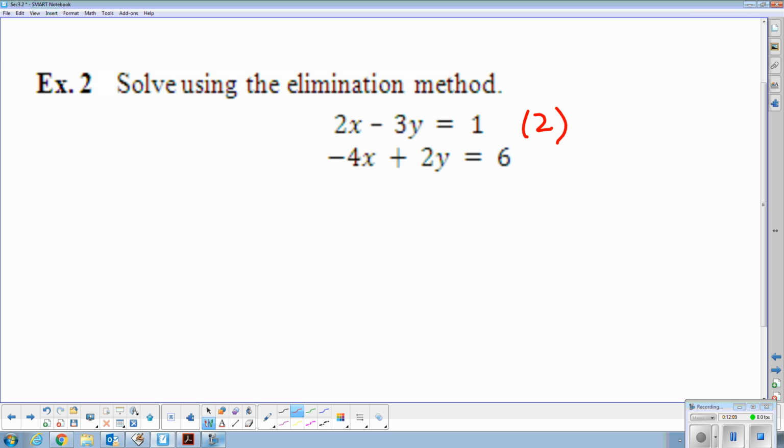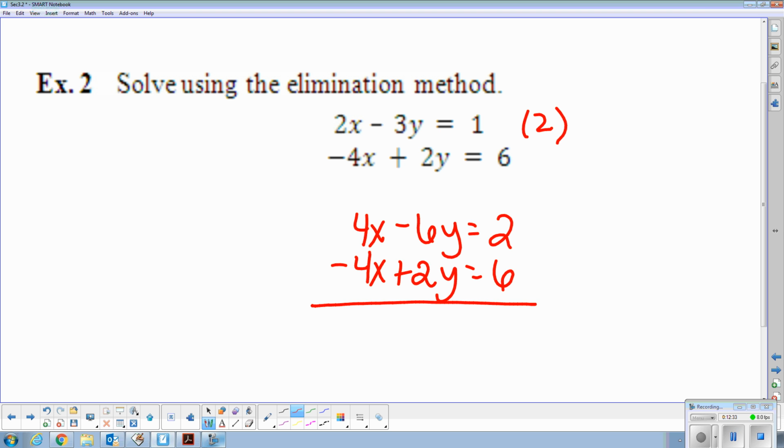So we have to multiply every term by 2. So 2x times 2 is 4x. Negative 3y times 2 is negative 6y. And that equals 1 times 2, which is 2. Then I always rewrite the second equation too, just so I can see them next to each other. And then you can add them together.